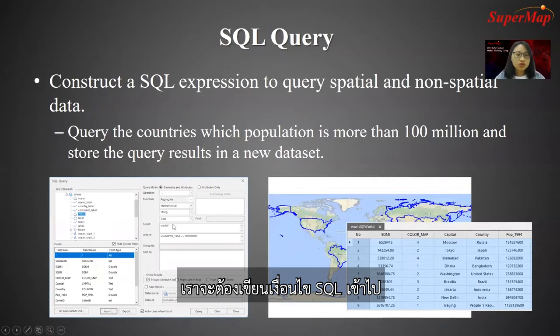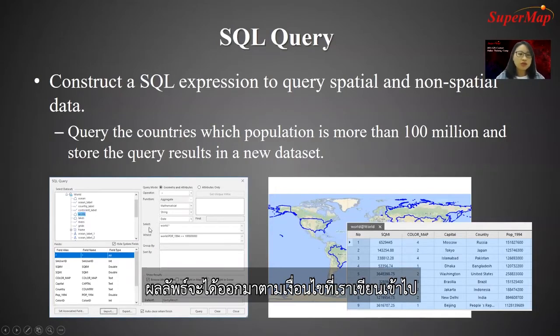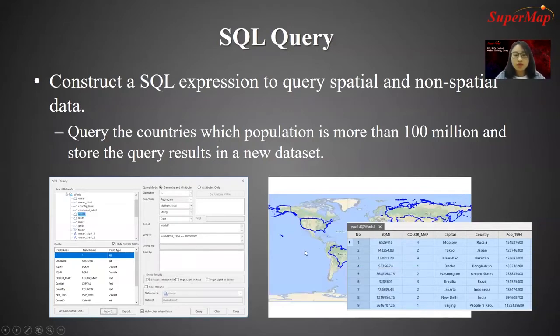Here we need to set a standard circle sentence, such as selecting what data from where, with a condition here where you put the condition, and then finally the results that meet the condition will be queried.